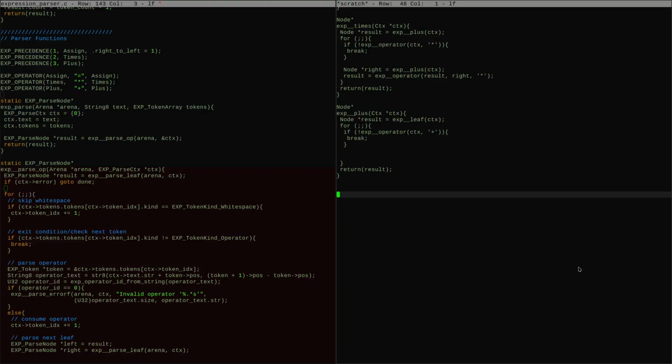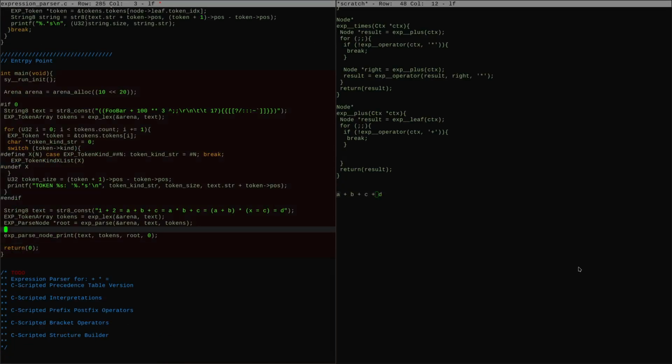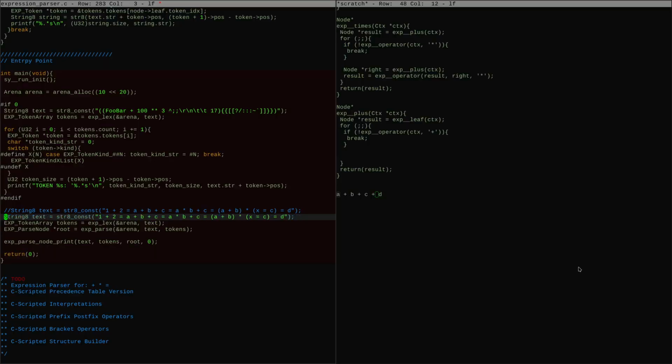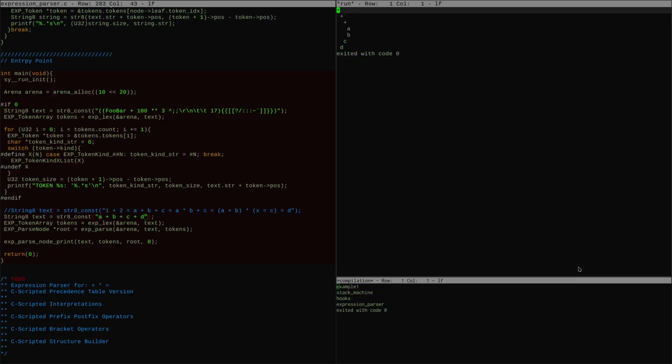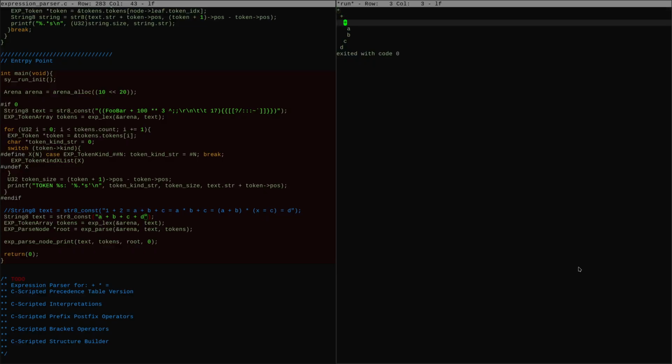Okay, so let's start with the thing that just always works, and let's mutate it a small little way. Let me do it. Yeah, this seems like a useful approach. So we'll do A plus B plus C plus D. This will just do the right thing because they're all supposed to be left to right and equal precedence.